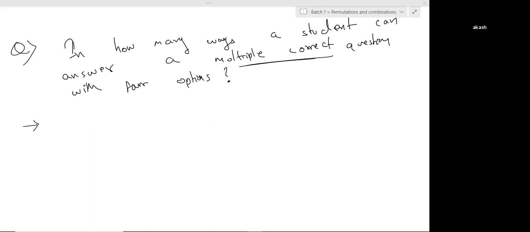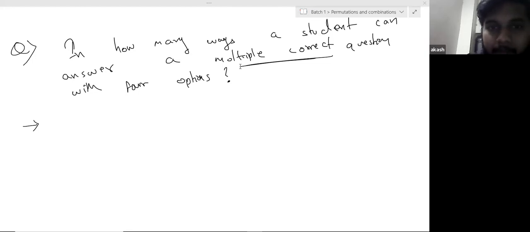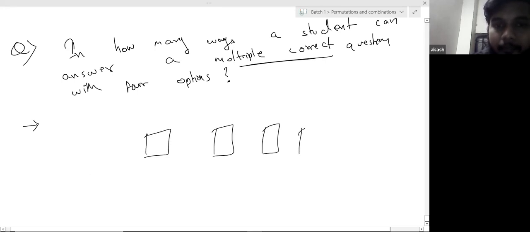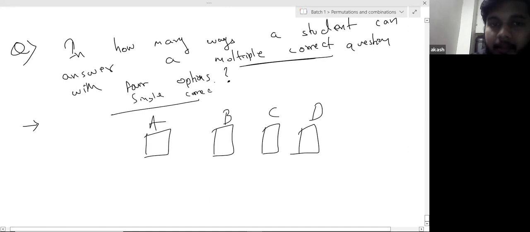See, in MCQ questions, solve this one first. If you have a question with four options, A, B, C, D, not single correct, that means there is a question and you have to tick one. In how many ways can you answer this? Four ways, absolutely right.